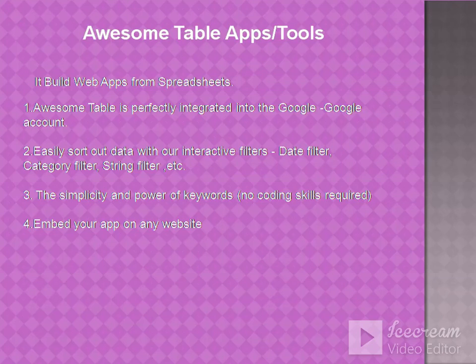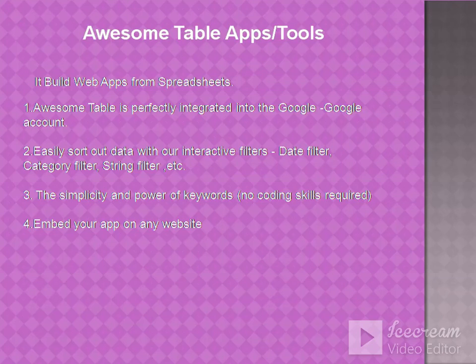Now we'll see Awesome Table apps. It builds web apps from spreadsheets. Also, it transforms any data into beautiful, dynamic and functional apps. There are a number of features of Awesome Table web apps. First, Awesome Table is perfectly integrated into the Google and Office 365 environment.